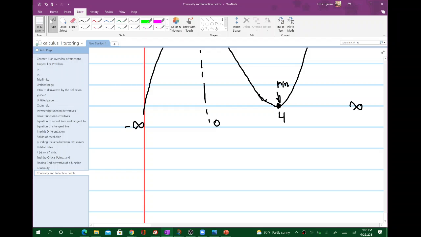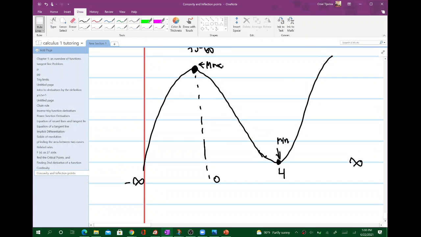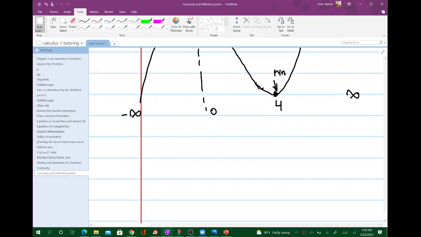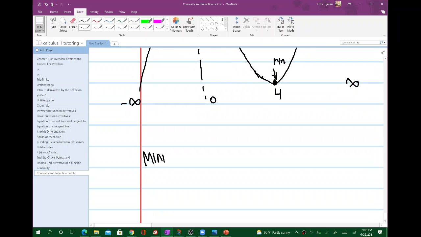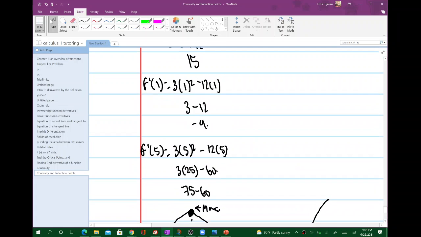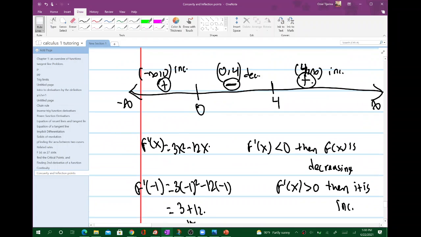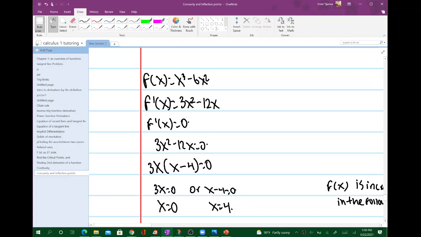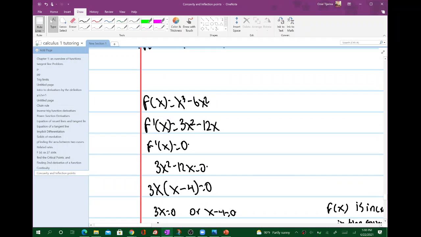And so we want to know what those are, right? So the minimum value of f of x, we know it occurs at x equals 4, but we want to know exactly what that is.